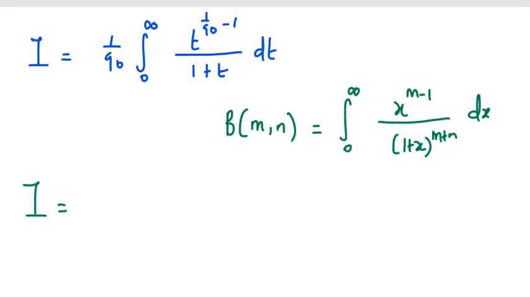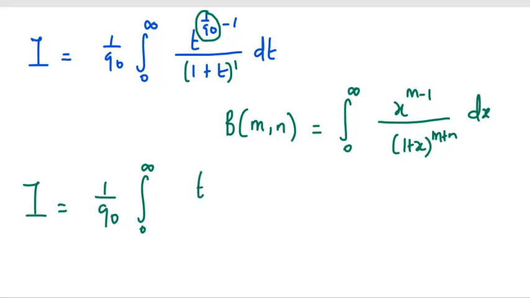So our I is going to be equal to, we need to manipulate the denominator. So we're going to have the integral from 0 to infinity. Remember that at this denominator here, the power here is 1, right? So this shows that we're going to look for a fraction that when you add it to 1 over 90 is going to give us 1. And the fraction is 89 over 90, right?